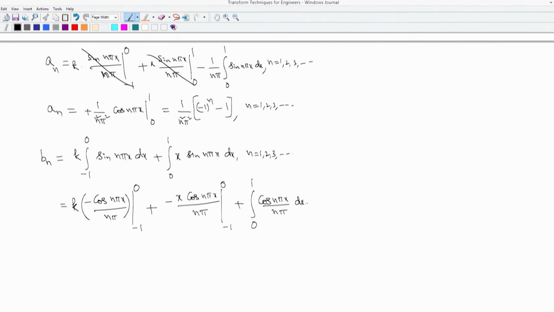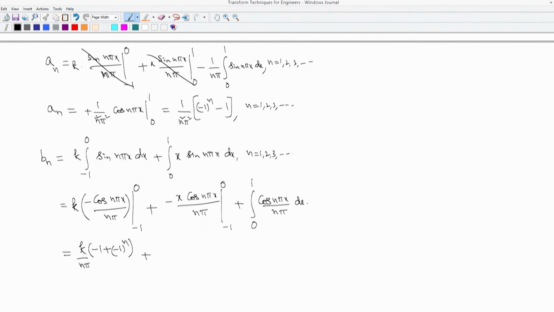So you have this. So cos 0 is 1, so minus k by n pi times (cos 0, which is 1, minus cos minus n pi, that is cos n pi, that is minus 1 power n). This is what you get, plus, and here again minus x.